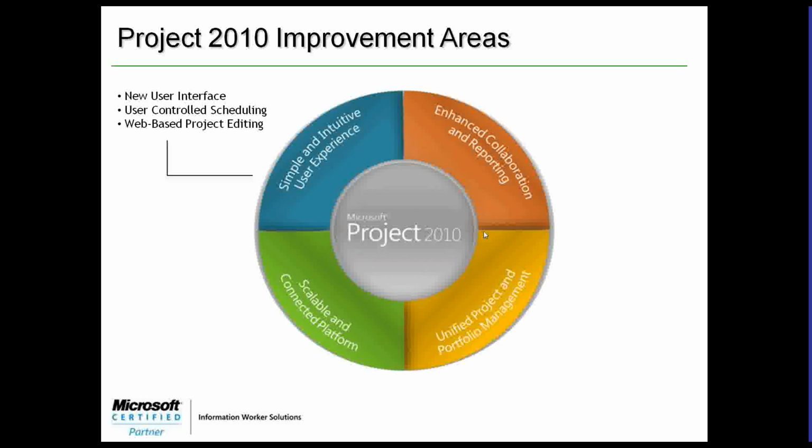It is using the ribbon now, which looks and feels a lot like the rest of Office, which is definitely a nice part of being able to work with this solution, is that you see a lot of commonality there. And also we're seeing more of a web-based ability to edit, which is nice.